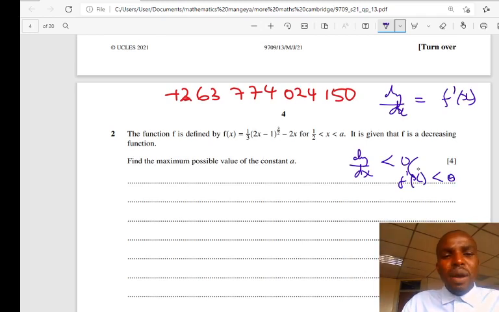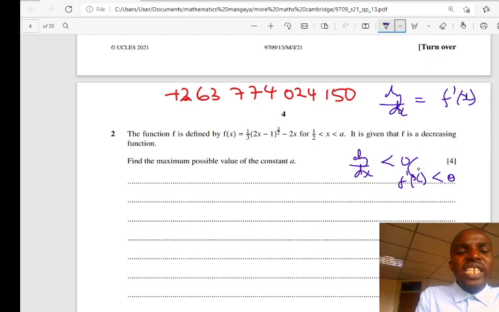Right, find the maximum possible value of the constant a. What you have to do here, first thing, you need to differentiate. After differentiating, you let your first derivative be less than 0, you find the value of a. Then in that case, done.